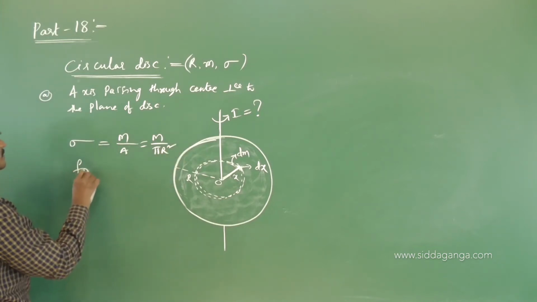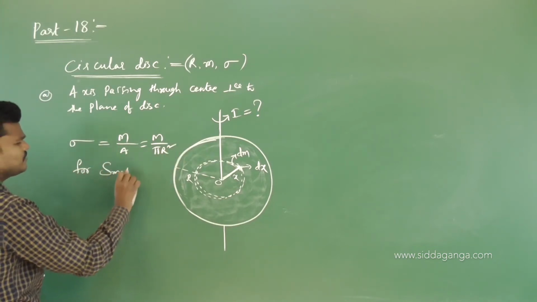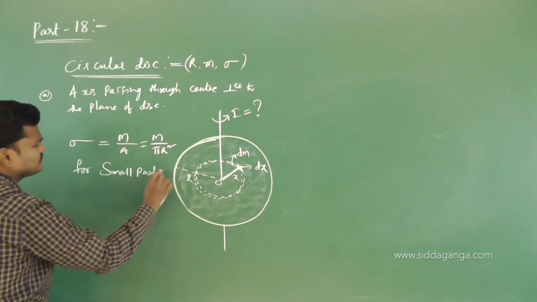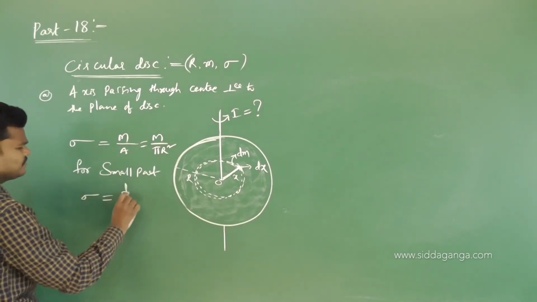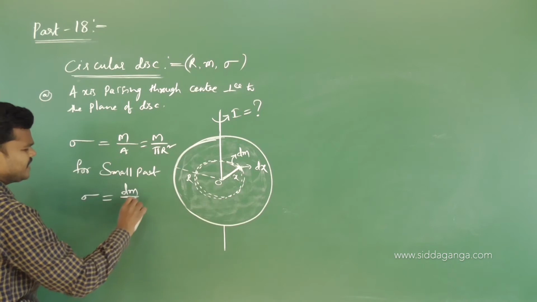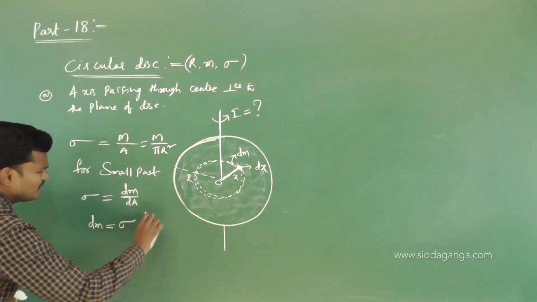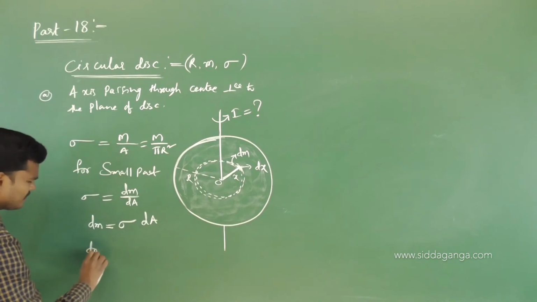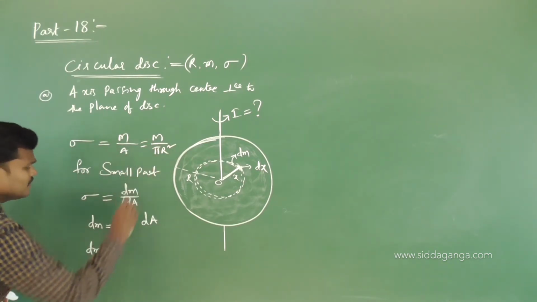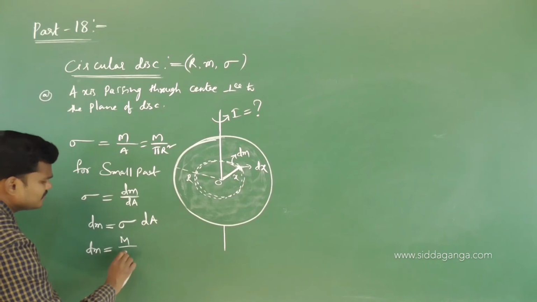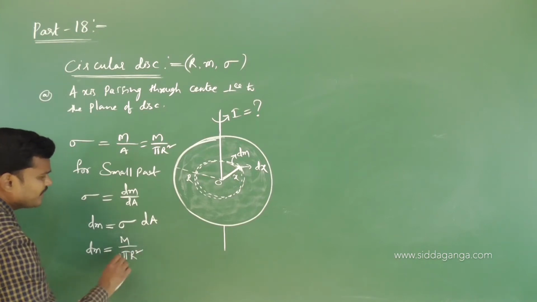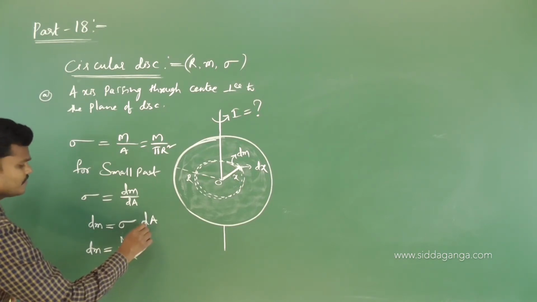For the small part, sigma we can write as dm by dA. So we can write dm is equal to sigma dA. dm is equal to sigma, which is a constant, m by pi r square, dA.